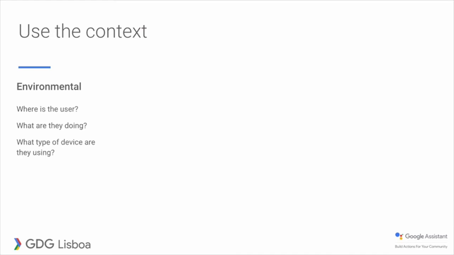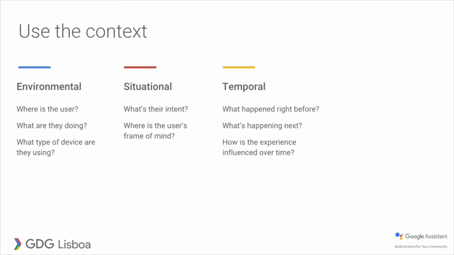So use the context. So use the environment. Use what they're talking about, what they're doing, what kind of device they're using. How can you display that in a better way? How can you do suggestions? Think about the situation, what they want to achieve, what's their intent, what they have in mind, what's happening before that. So they already talked with your app. They've been 5 minutes talking with your app, telling it, I want pizza with pepperoni, special cheese, crust, and all of that.